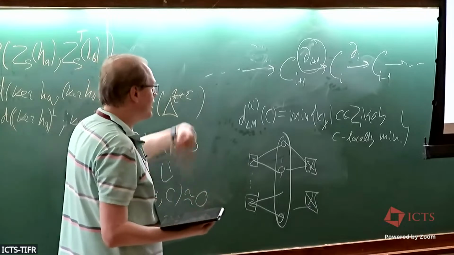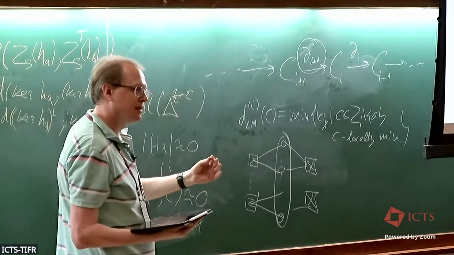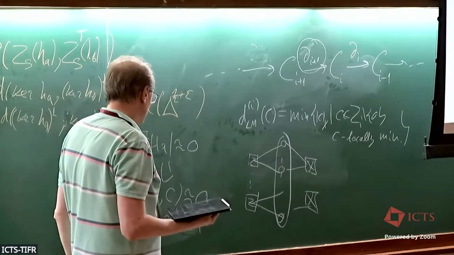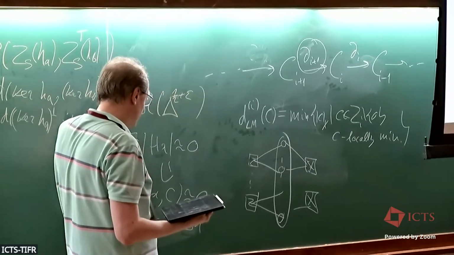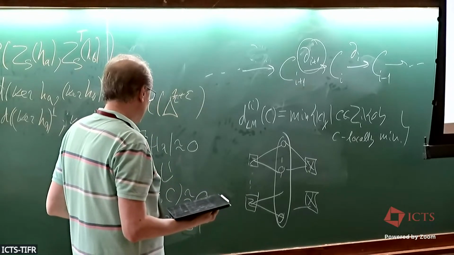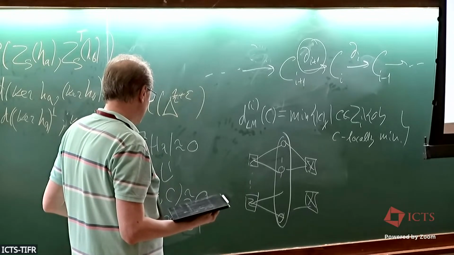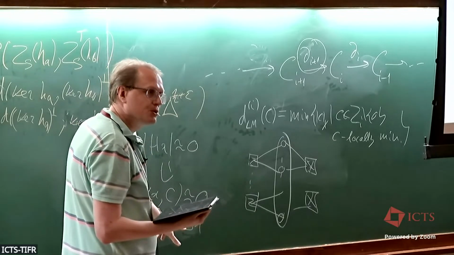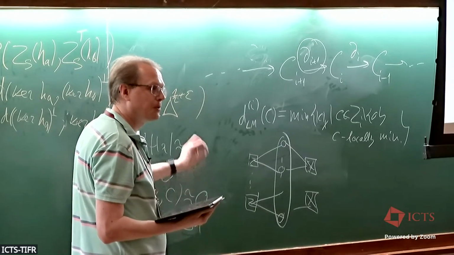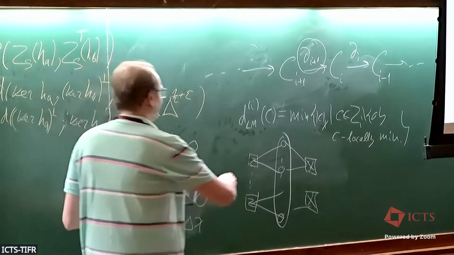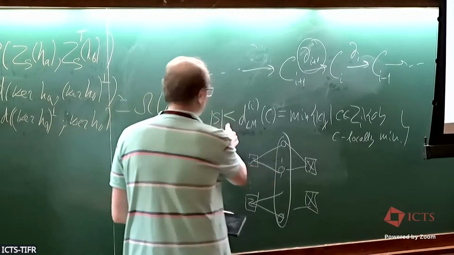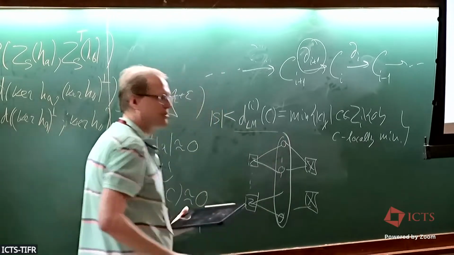Since each time we reduce the syndrome, we can reduce it to 0, for example. Why can we reduce it to 0? Here I consider that the weight of the syndrome is smaller than this locally minimum distance.